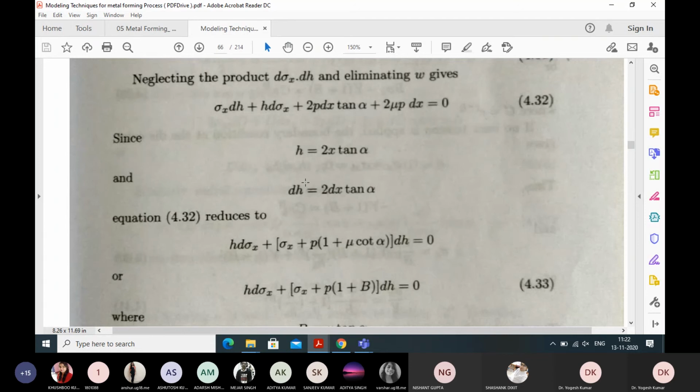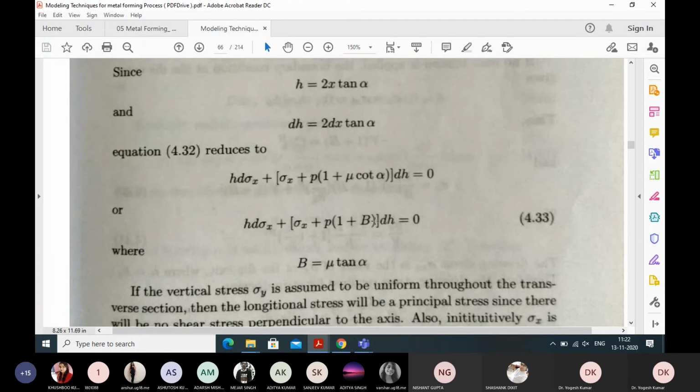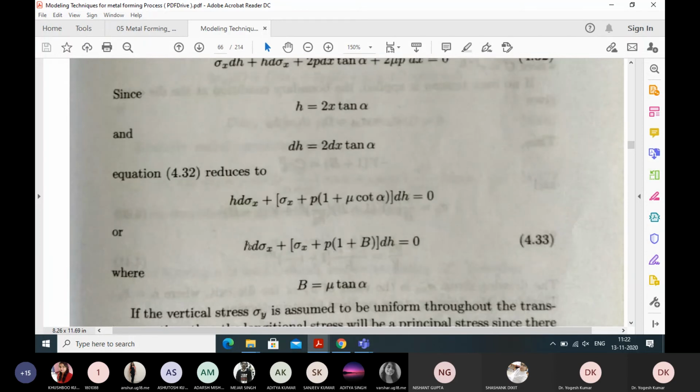If we put the value of dh in equation 4.32, we get h d sigma x plus sigma x plus p in bracket 1 plus mu cot alpha multiplied by dh. Okay, so this can be simplified as h d sigma x plus, in bracket, sigma x plus p into 1 plus b, in bracket, dh equal to 0.